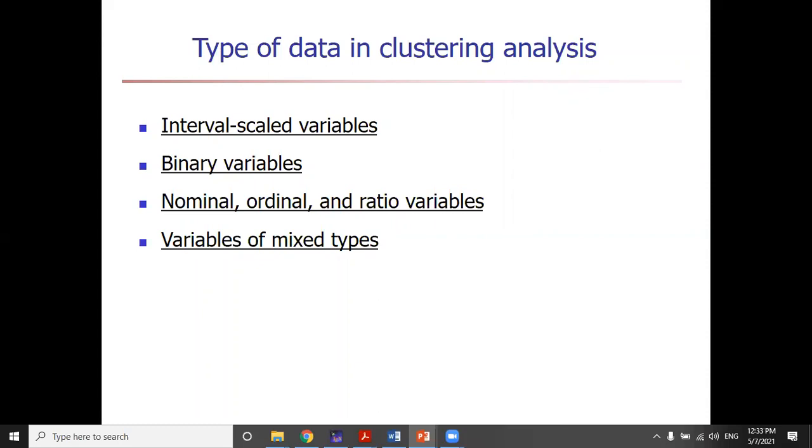It should be a meaningful sequence order. Ordinal variables are very useful for registering subjective assessments of qualities that cannot be measured objectively, like professional ranks, such as full professor, associate professor, assistant professor. So these are the various kinds of ordering variables in terms of ordinal ones.